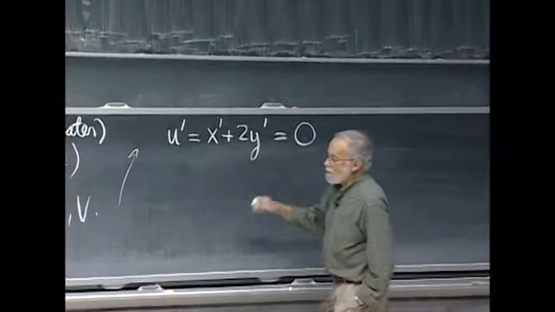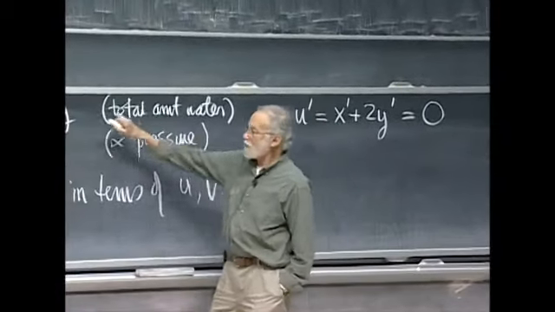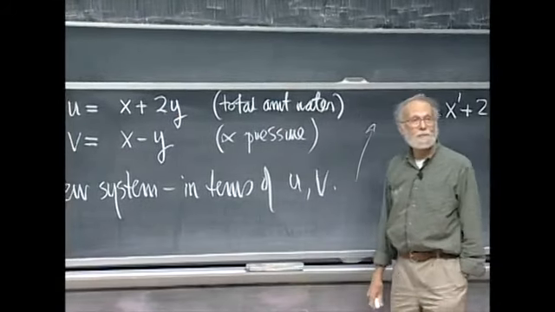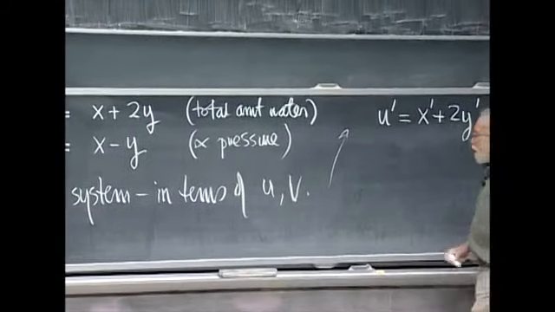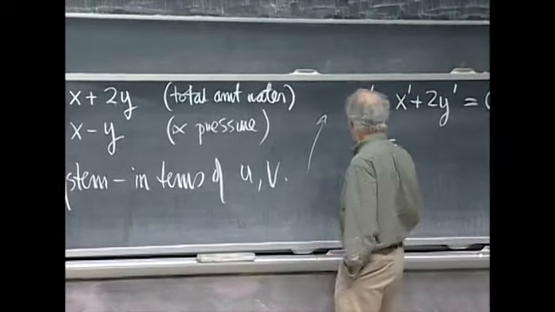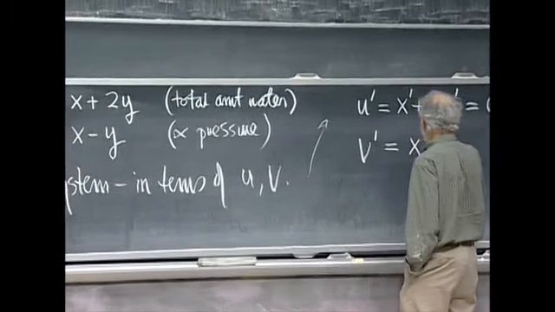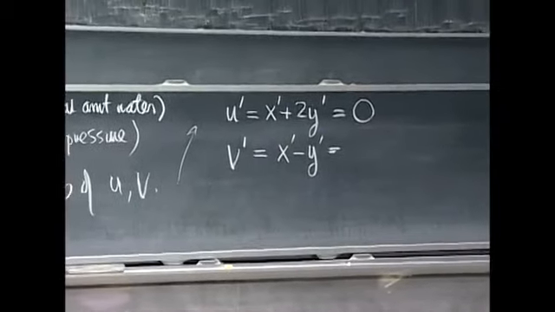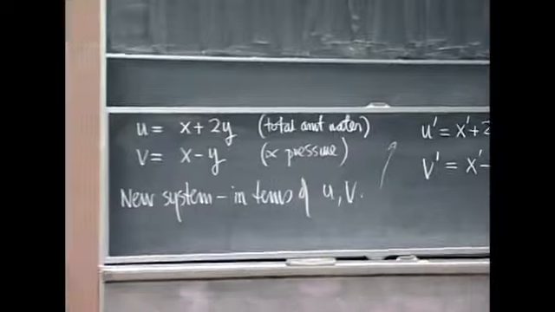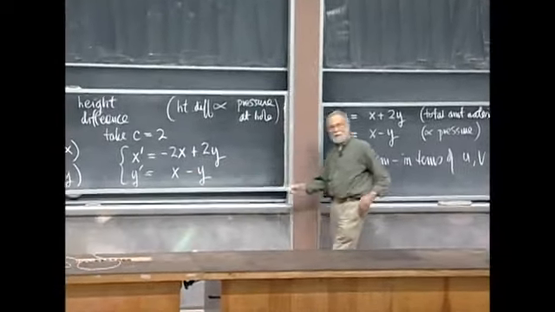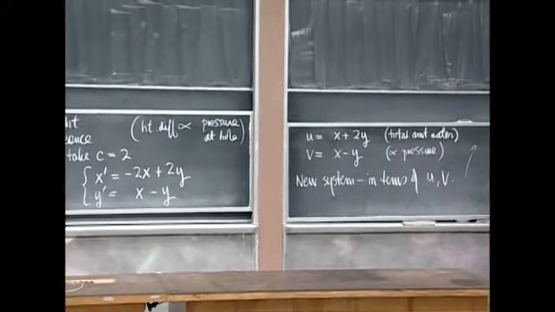Now, that makes sense, of course, because since the total amount is constant, u prime is 0. Okay, what's v prime? V prime, well, that's x prime minus y prime. What's that? Well, once again, we have to calculate. It's x prime minus y prime is minus 2x minus x. That's minus 3x.